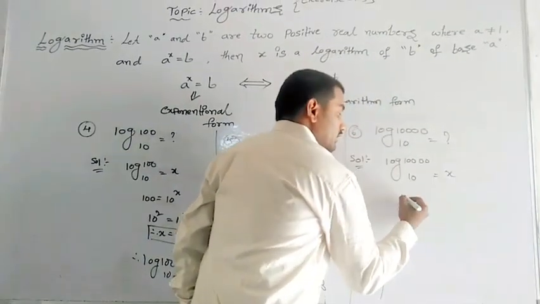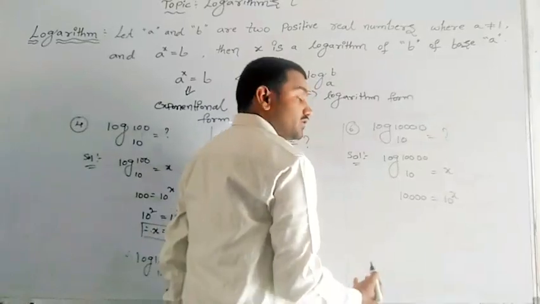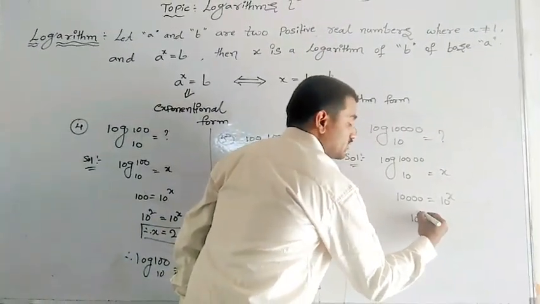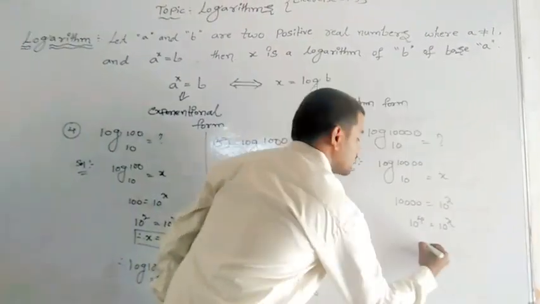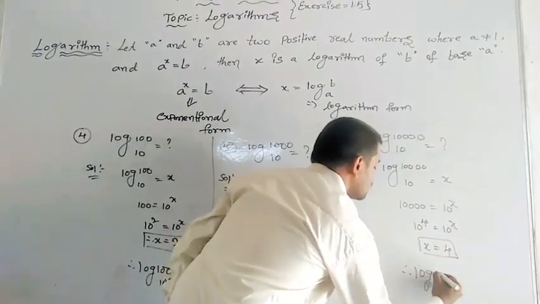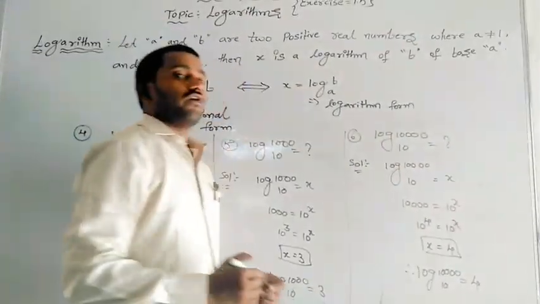So you can also learn many things from these values. I want to tell you where this is very useful. This 10,000 we can write as 10 to the power of 4, and this is equal to 10 to the power of x. x equal to 4. Therefore log 10,000 base 10 equal to 4.